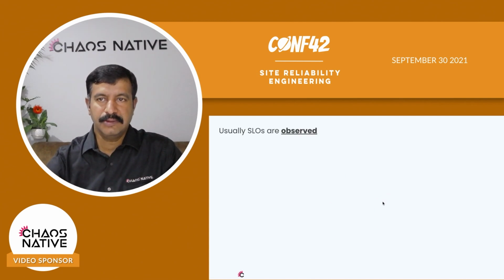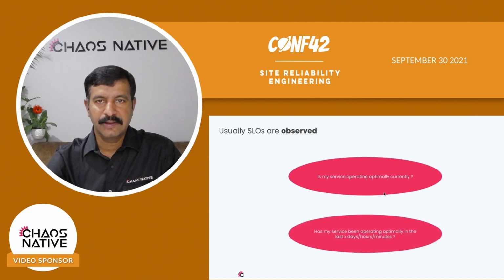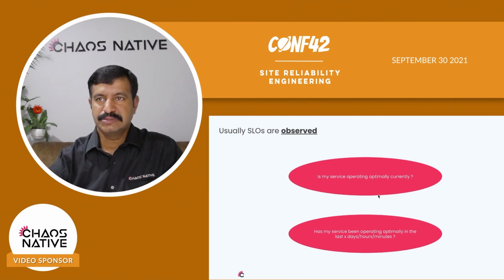Right, you have good monitoring dashboards, monitoring systems, and the answer you're trying to get there is, is my service running optimally currently at this time? Can I see it? Right, and also about history. Was there a problem last day, last week, last month? How my service has been performing in the recent past? Right, so that is SLO observation.